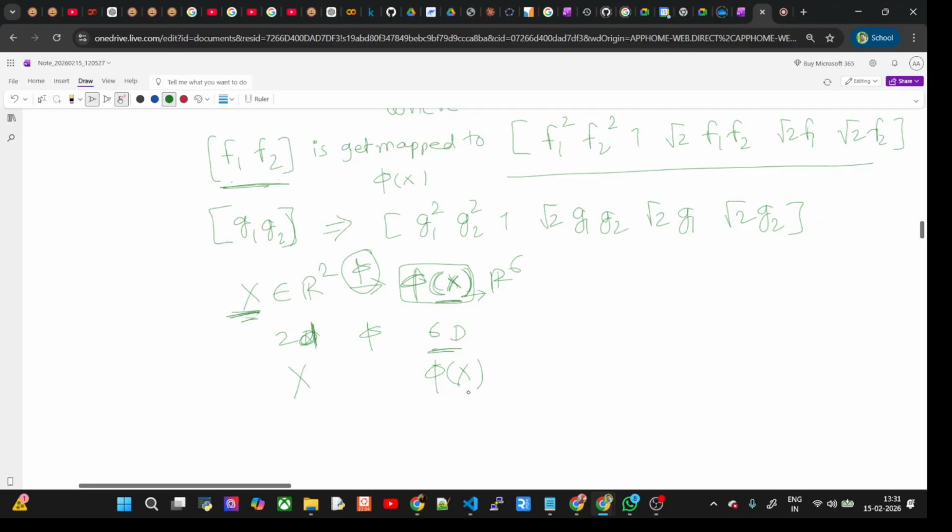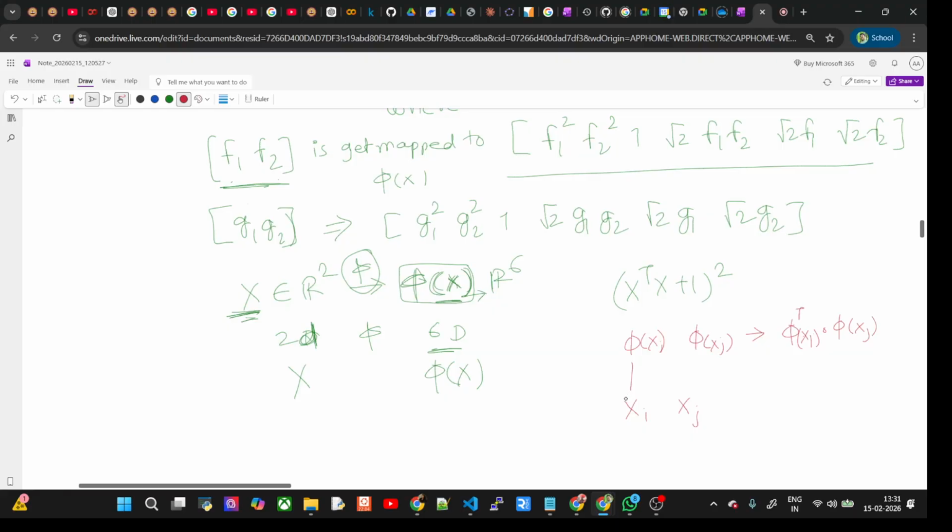So what is our aim? Why do we use this (x transpose x + 1) whole square? What was the reason behind that? The reason is, we know that xi and xj are there, and we have to calculate phi of xi and phi of xj, and then use that to calculate phi of xi transpose phi of xj.